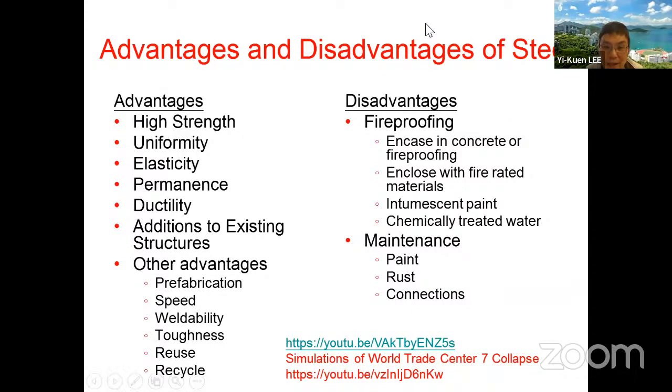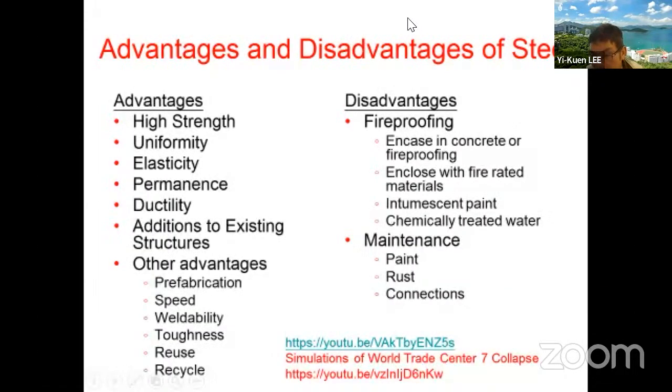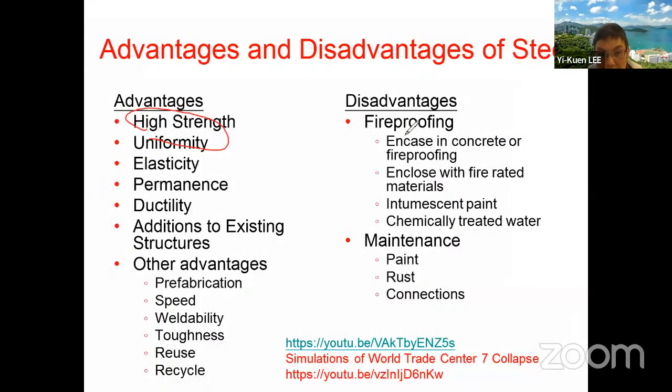We do a combination: RC, reinforced concrete. We use steel, which has high strength, but we add an additional material to make it a little bit fireproof. So in this case, we use a hybrid design, a hybrid material. That's why the typical design is called RC, reinforced concrete.